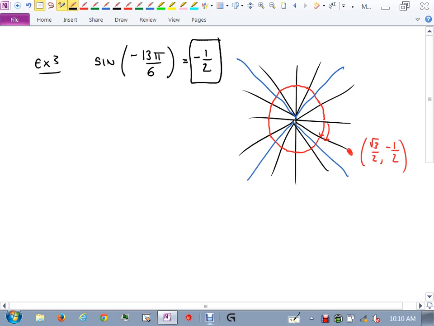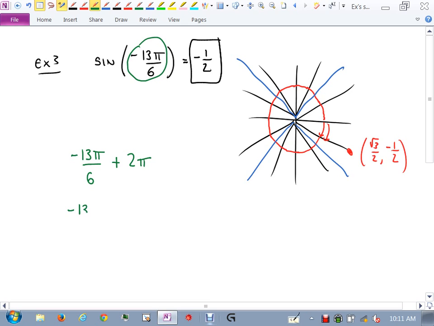Now let me show you how to do it the coterminal way. This way would have been a little harder. What I would have done is take negative 13 pi over 6 and try to find a coterminal angle. Because it's negative, I'm going to add a full rotation, 2 pi.